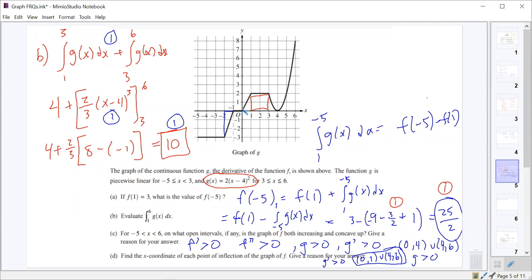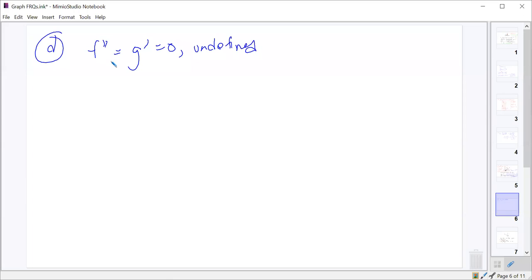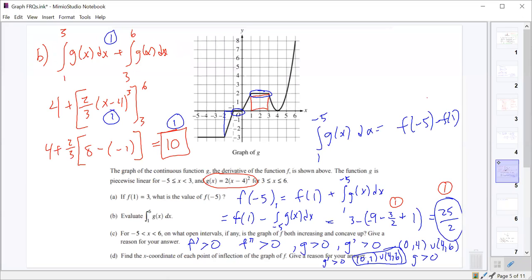Well, the slope is 0 all along there and all along there. But we can also just look for when the value of g goes from decreasing to increasing.